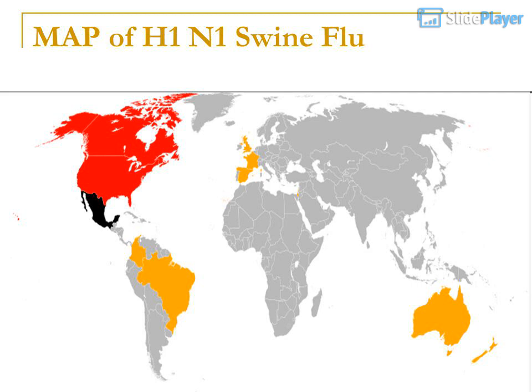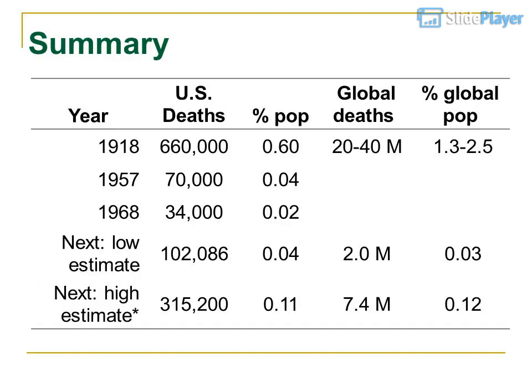Map of H1N1 swine flu. Summary by year: U.S. deaths, percent of population, global deaths, percent of global population. 1918: 660,000 U.S. deaths, 0.60 percent, 20 to 40 million global deaths, 1.3 to 2.5 percent. 1957: 70,000, 0.04. 1968: 34,000, 0.02.